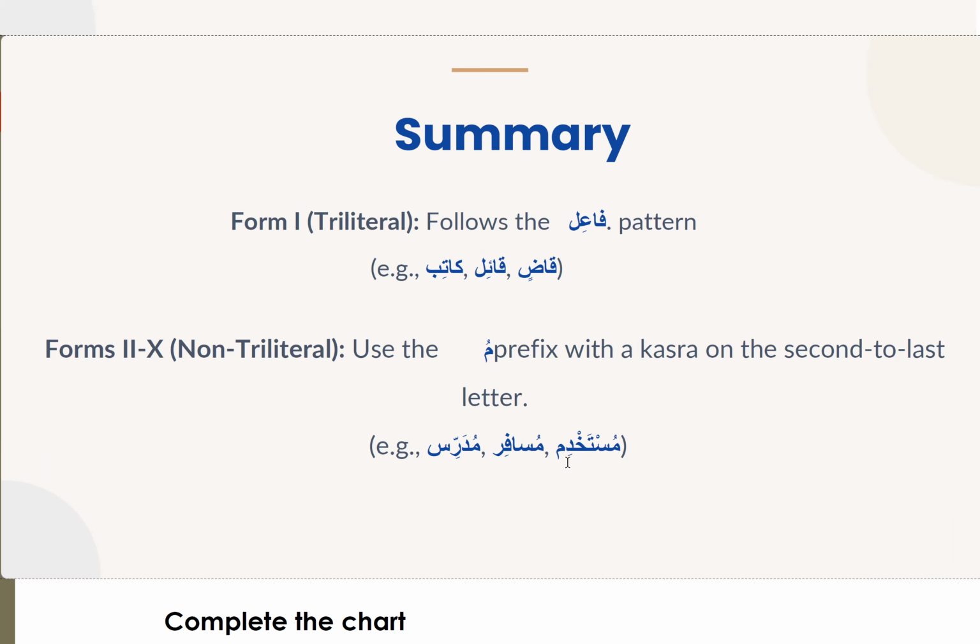It's already kasra, so it stays the same, mustakhdim. Likewise, musafir is from the word safara yusafiru. The present tense is yusafiru. Change the yu to mu. Second last letter is kasra already, so musafir. And mudarris, we already saw this one, yudarrisu, from darrasa. Change the yu to mu. Mustakhdim means the user, musafir is traveler, and mudarris is teacher.